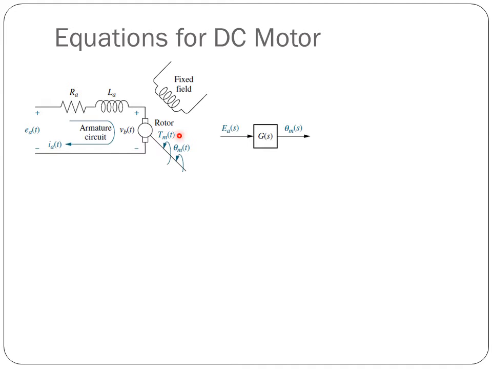There will be a torque developed, and there will be some rotational displacement theta m, etc. Okay, and with this axis of the rotor there will be some inertia, some viscous damper, and some spring as well. So our target is to find a transfer function where the angle theta m is the output and electrical input Ea is the input.